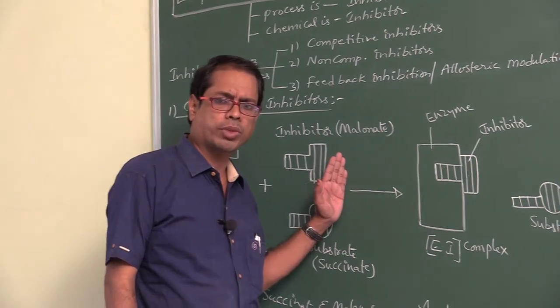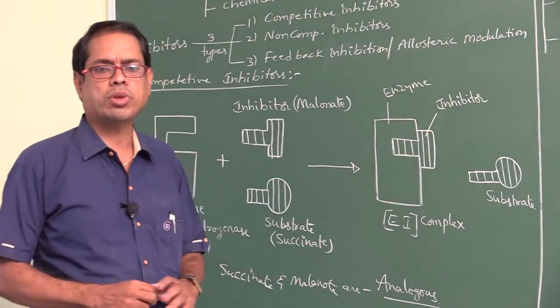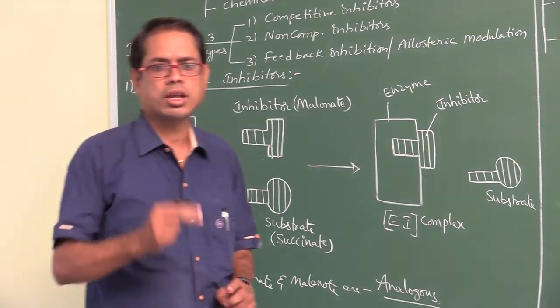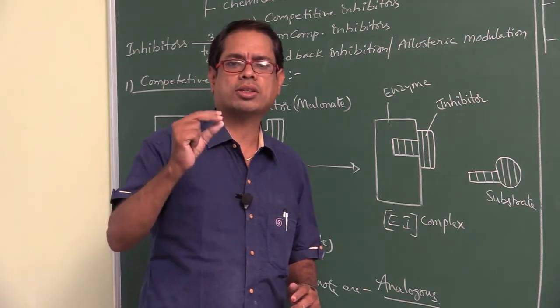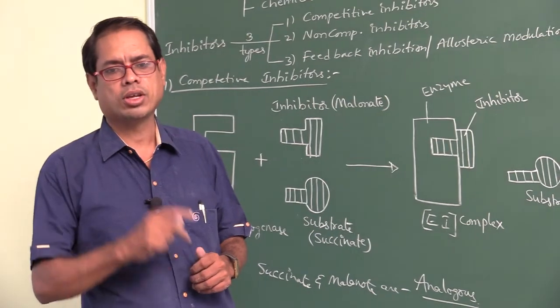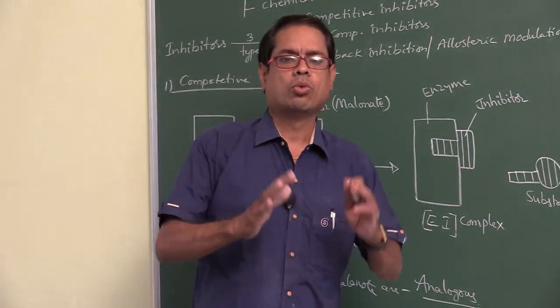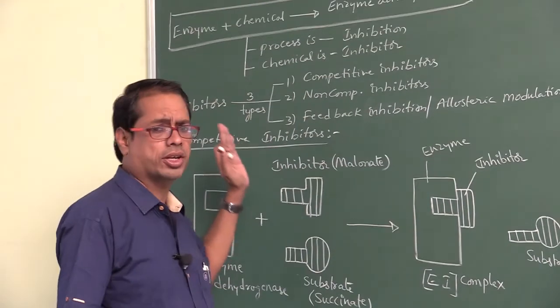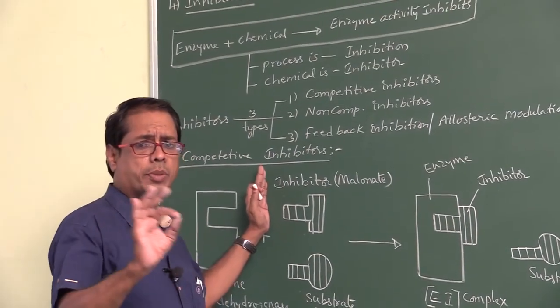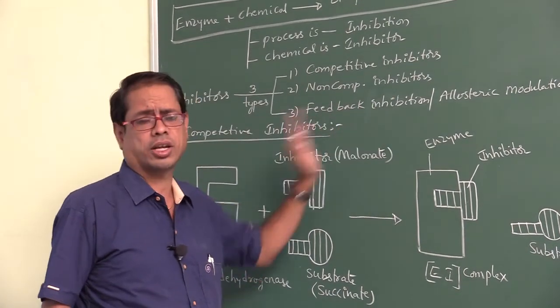Example for competitive: used in control of bacterial pathogens. Example for non-competitive: metal ions like copper, silver, mercury. Example for feedback: homeostatic control of metabolism. In the NCERT textbook, only competitive inhibitors are mentioned. They did not mention non-competitive inhibitors and feedback inhibitors.